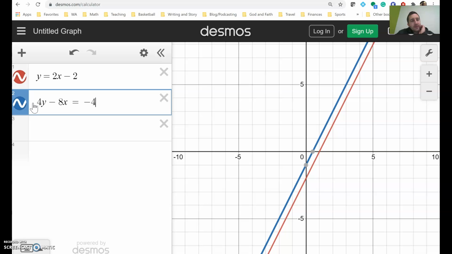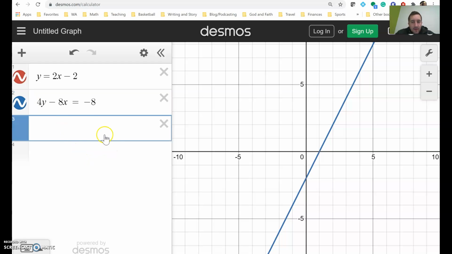No, that's just off. Let me see. I need to get a 2, so I'm dividing. I need to be an 8. There it is. So see how those two lines, they look different. Like, those look completely different, but they're actually the same line. Notice the red and the blue overlap right there. So there's an infinite amount of solutions.